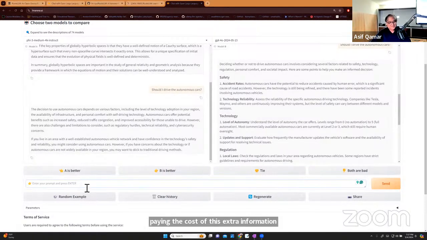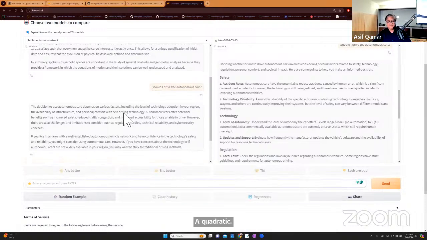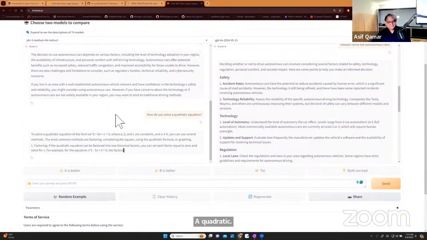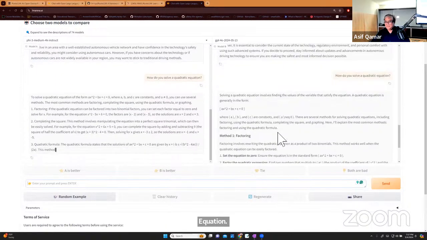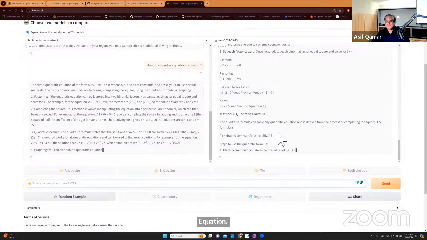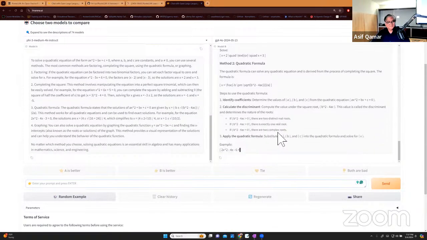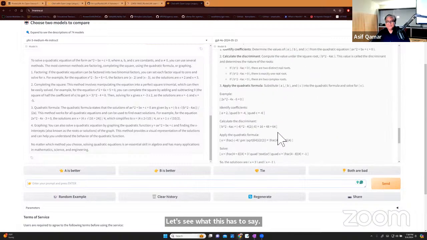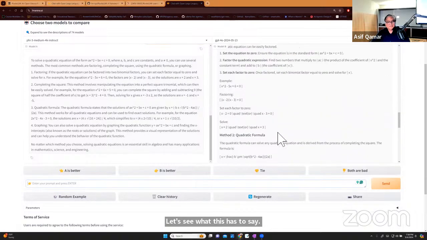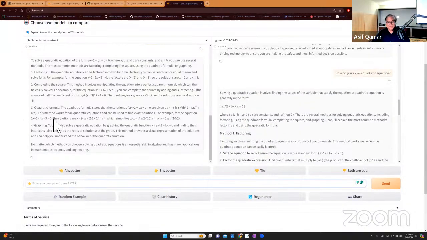Isn't it? Now let's ask this question that I asked. How do you solve a quadratic equation? And let's see what this has to say. So it gives you multiple methods to solve a quadratic equation.